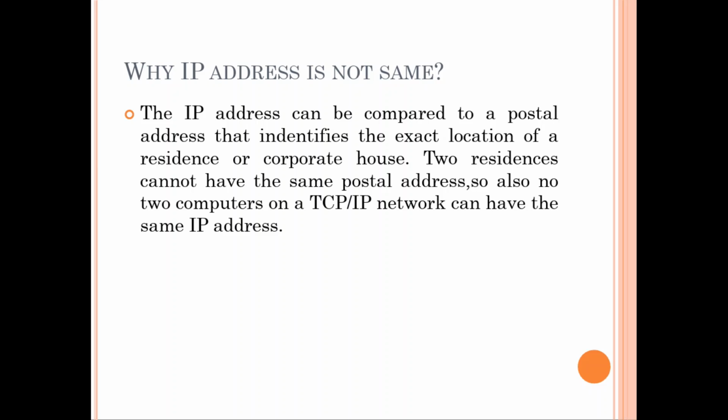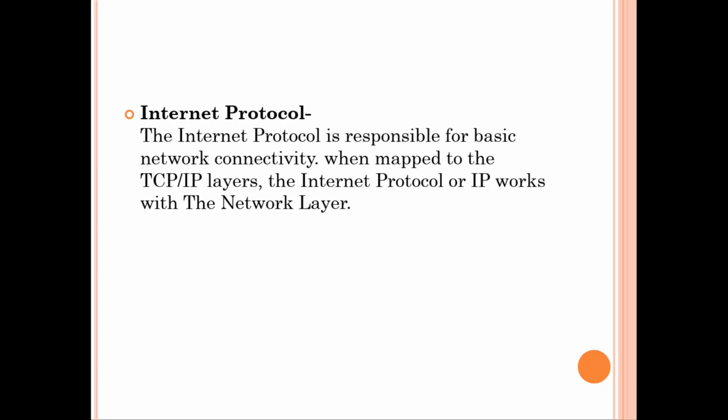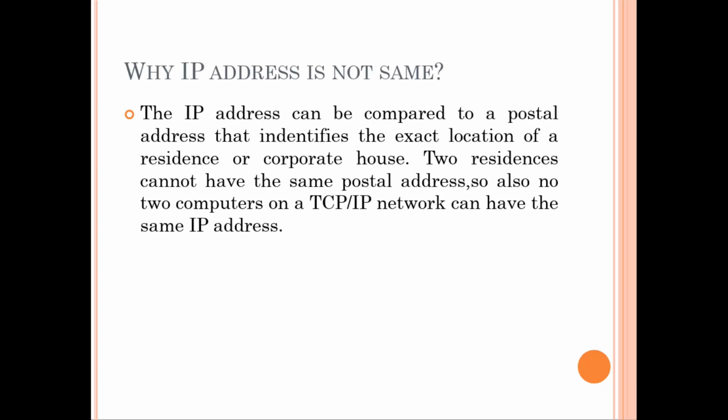Now, why is an IP address not the same? As we all know, an IP address is like our postal address, and no two houses have the same postal address.